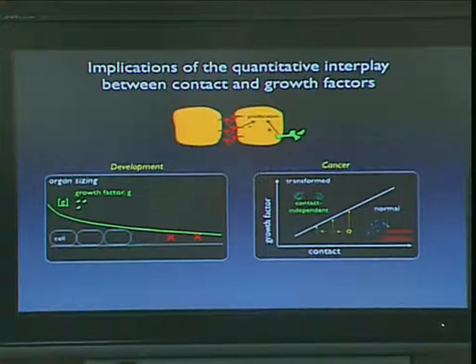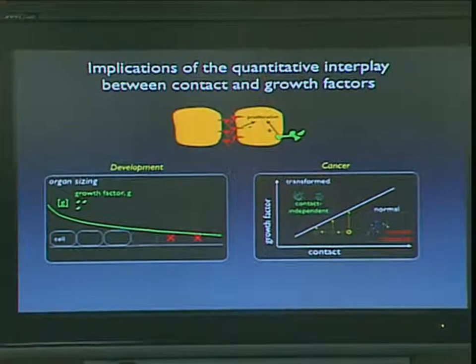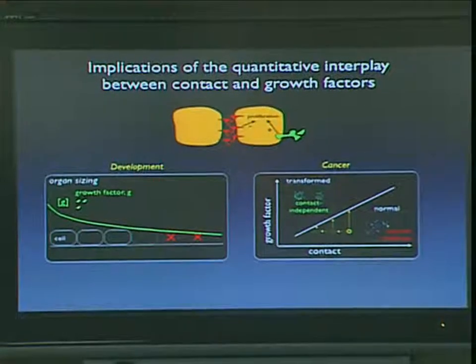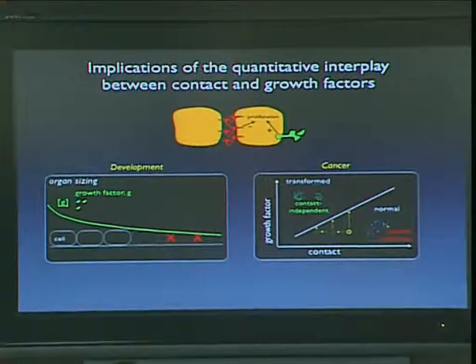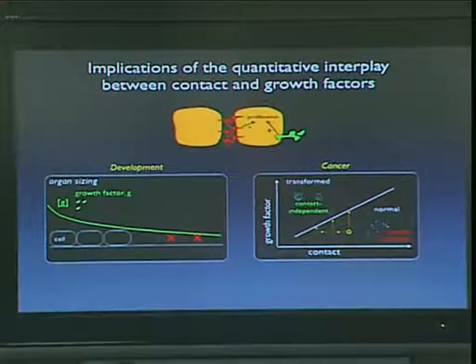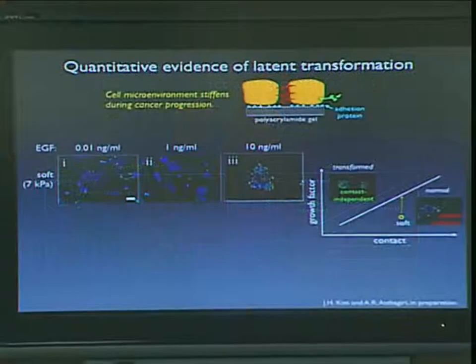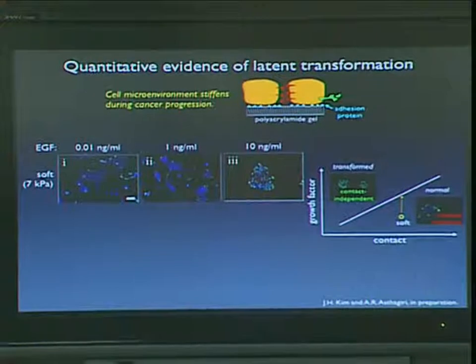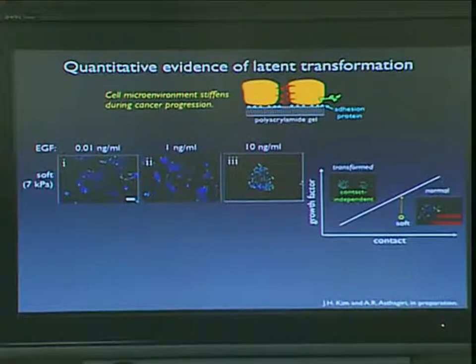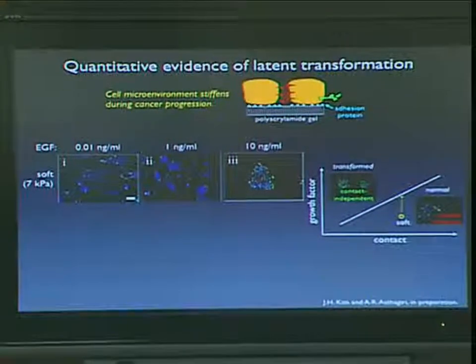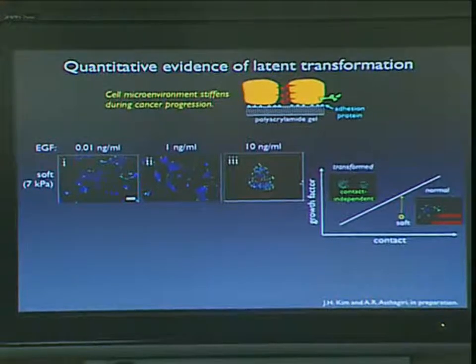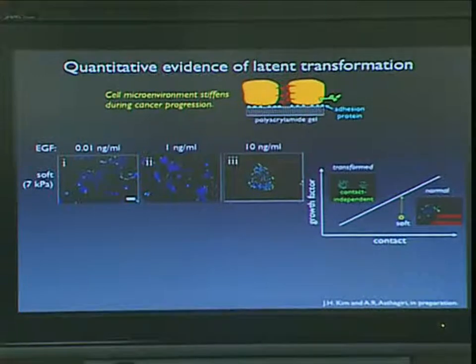So this was an interesting concept, and more recently, in unpublished work, we've tested and we think we've shown this type of quantitative transformation that is phenotypically, however, latent, because the cells always sit in this regime. The way we went about testing this is to look at one of the analog perturbations that occur during cancer, which is most generally experienced just by tactile sensing.